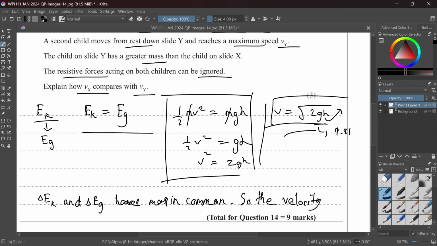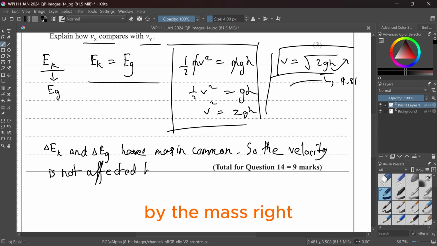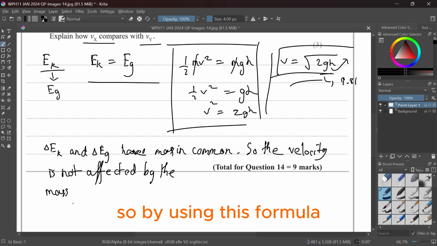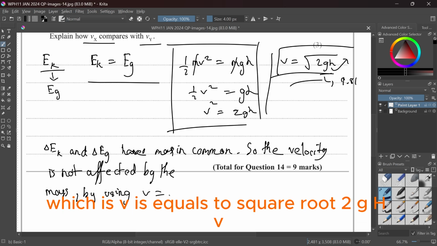The velocity is not affected by the mass, right? So by using the formula I've shown you, which is v equals the square root of 2gh.